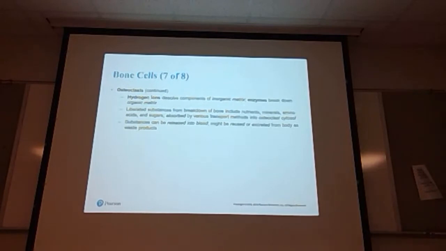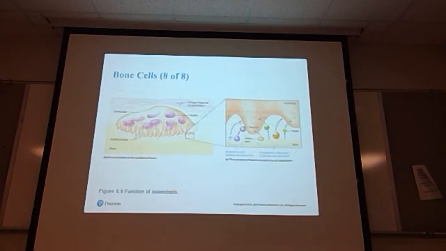If you've ever seen hydrogen peroxide be dropped onto a wound or onto a floor and you see it bubbling, that's sort of the way the hydrogen breaks down the matrix. These liberated substances from the bone include nutrients, minerals, amino acids, and sugars. They will be absorbed by various transport methods in the osteoclast cytosol. Those will then be released into the blood, where they will either be reused or excreted from the body as waste materials.